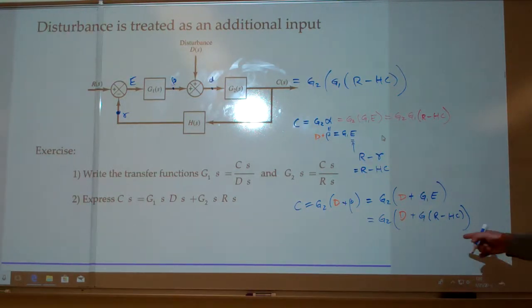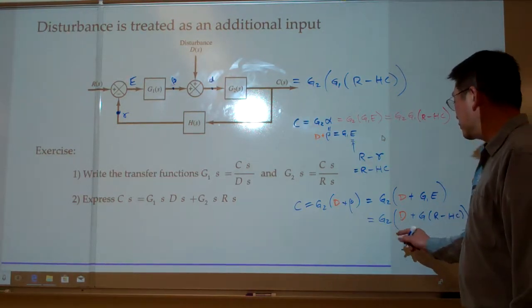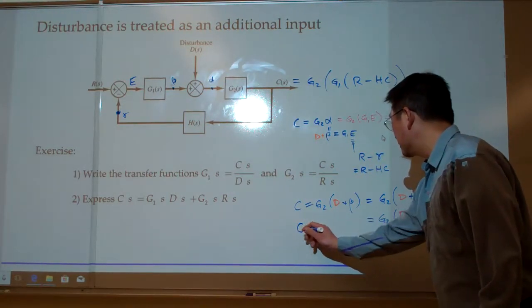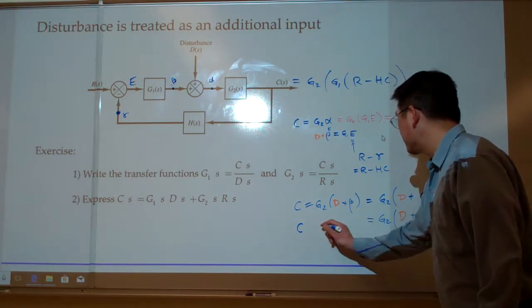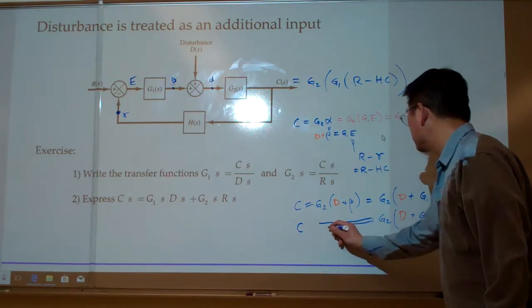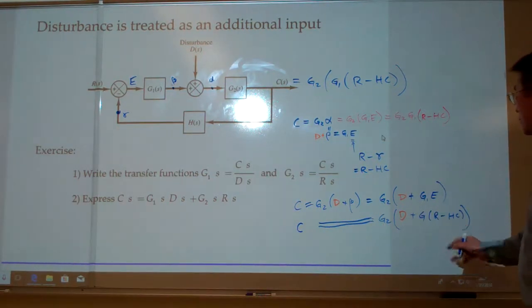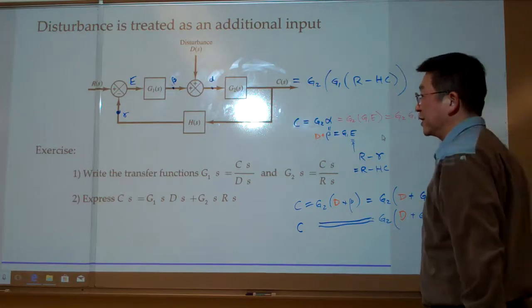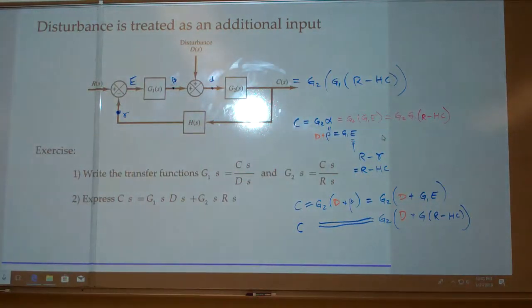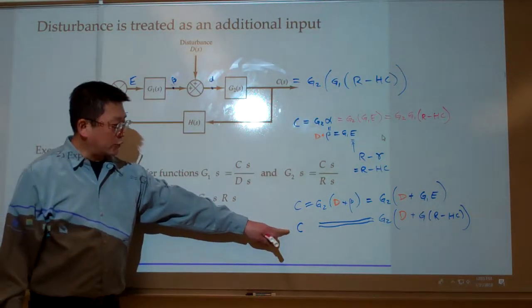Okay, so the complete description is equal to this. So basically this is C, equal to this one. Based upon this, we can do the simplifications. So this is a complete description of the system.